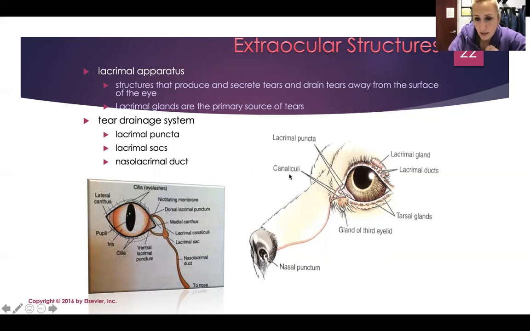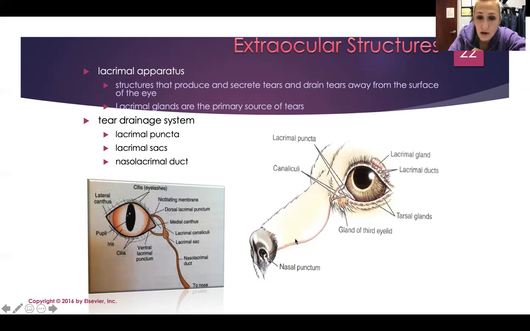So look at the drawing of the face there. You can see that there is a lacrimal gland above, where tears are produced, lacrimal ducts, where those come down into the eyeball, and lacrimal puncta, which essentially have a hole or an area that goes from the eye to the drainage system. I can't think of a better word.